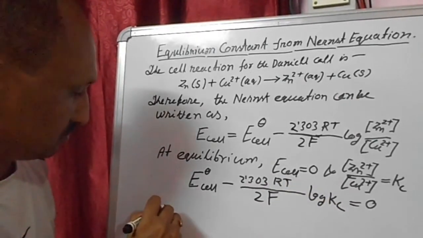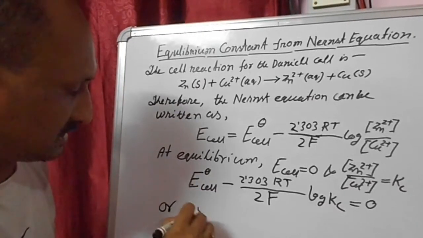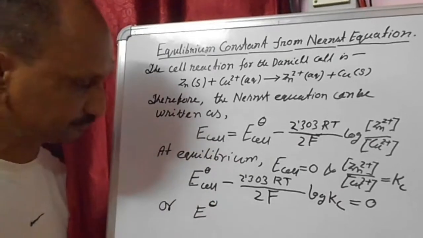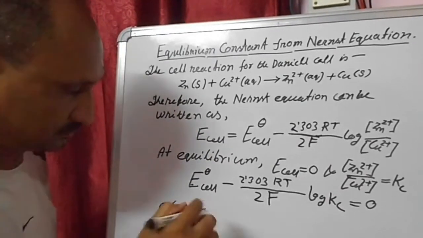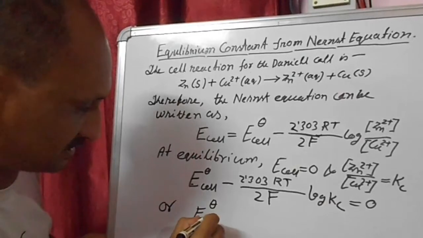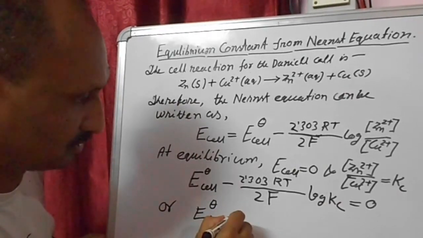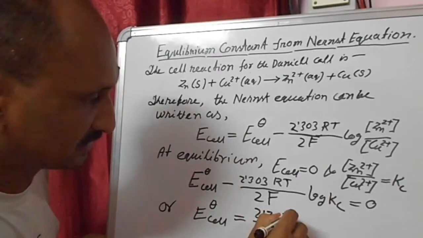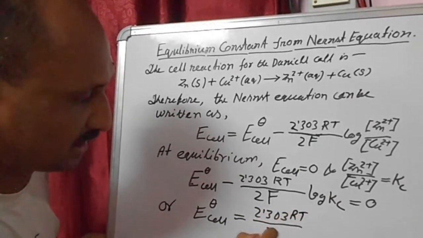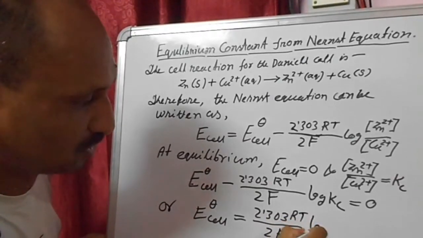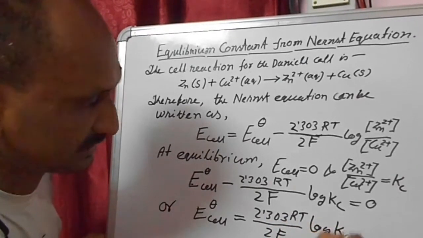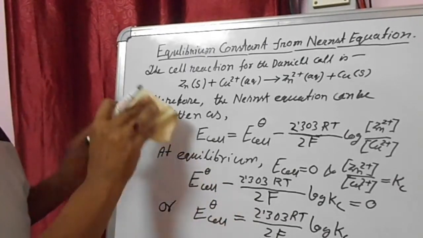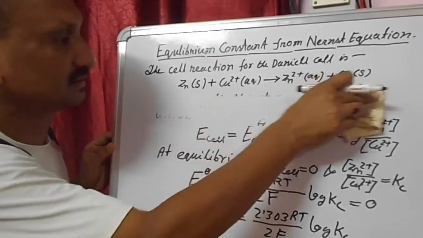Therefore, E standard cell is equal to 2.303 RT by 2F log of Kc. So we get it like this.